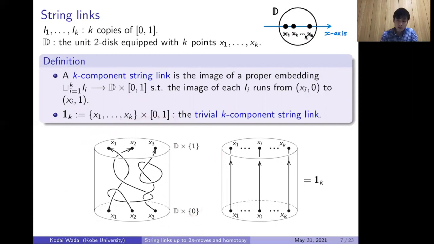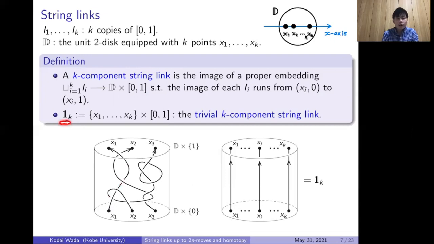The first strand runs from x1 0 to x1 1. The second strand runs from x2 0 to x2 1. And the third strand runs from x3 0 to x3 1.